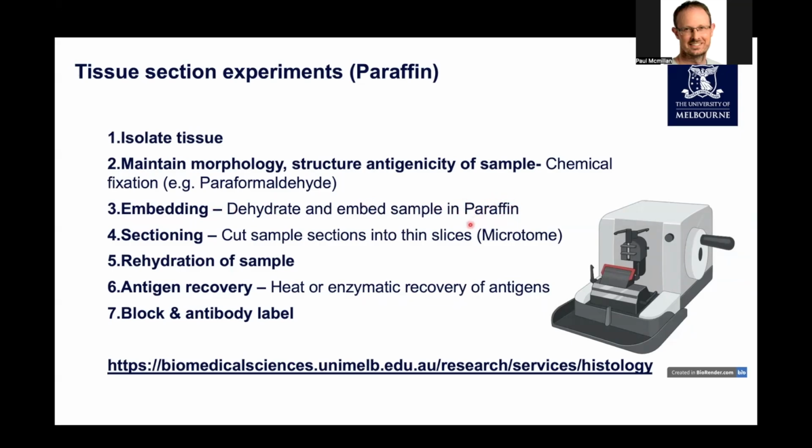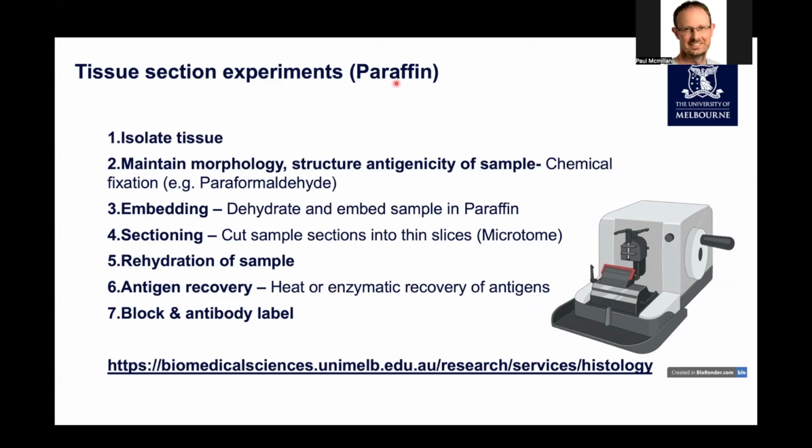We'll then take that paraffin block to something like this, which is a microtome, and we can cut very thin sections of that tissue sample. This goes onto a slide, then back through rehydration. Then we have antigen recovery, so either heat or enzymatic recovery of the antigens, making them available again for the antibodies to bind. And then we go through, again, the block and antibody labeling steps, and we'll go through those in the next few slides.